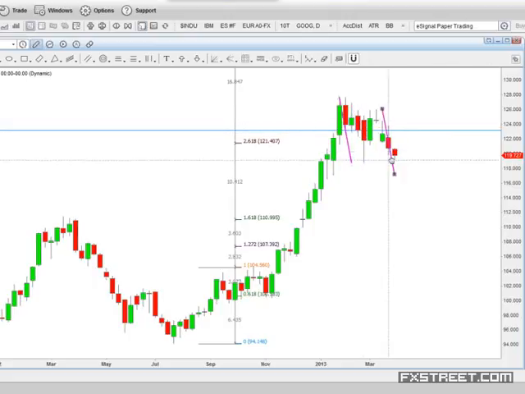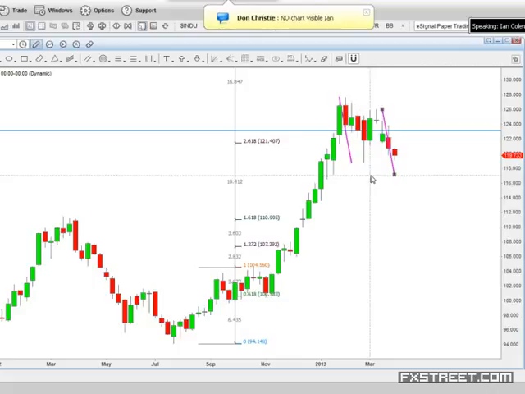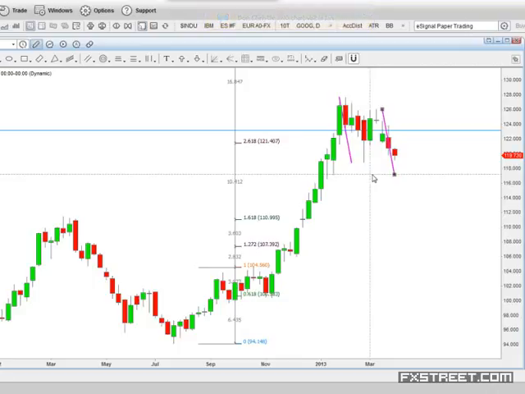Okay, I think an ABCD formation is what I'm going for at the moment. About 117.16, 20 level for the ABCD formation.